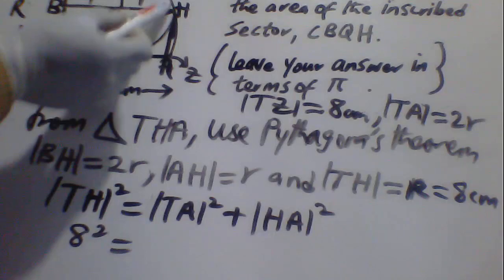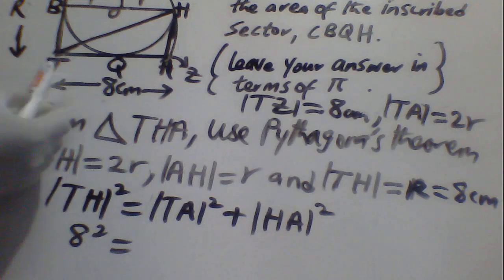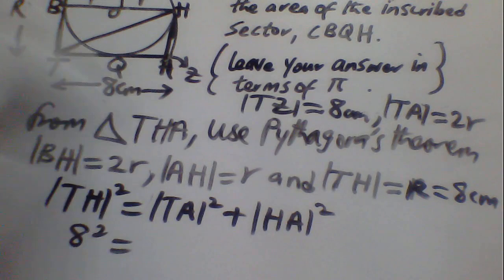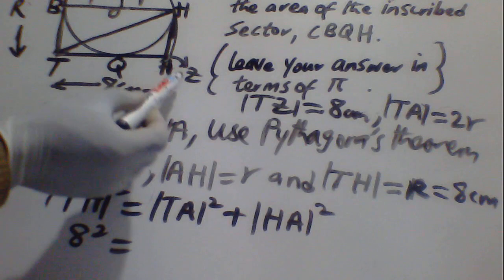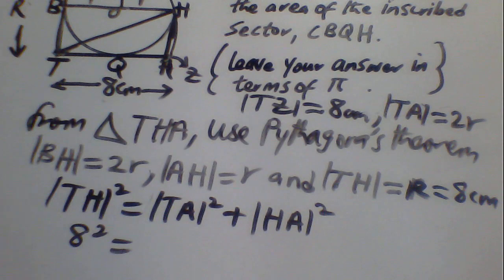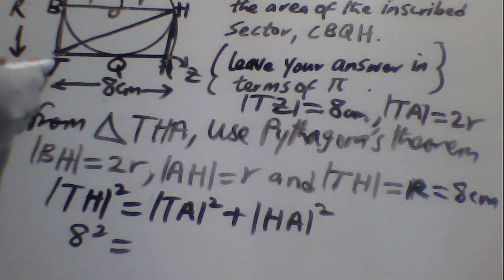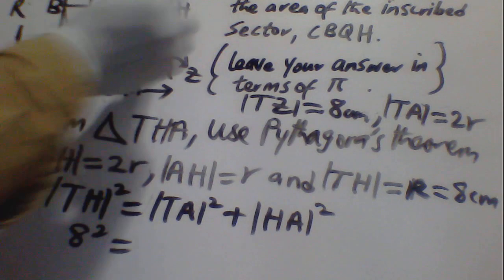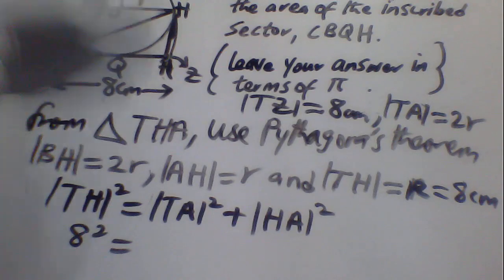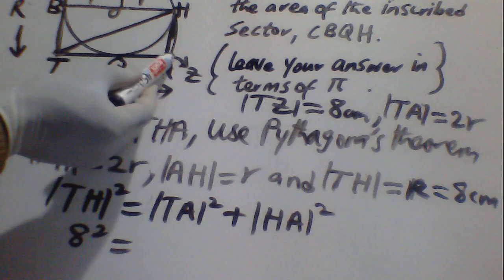TA is equal to 2r. Mind, this is a curve. TA is equal to BH. This is a rectangle, not the curve, not at the extreme here.